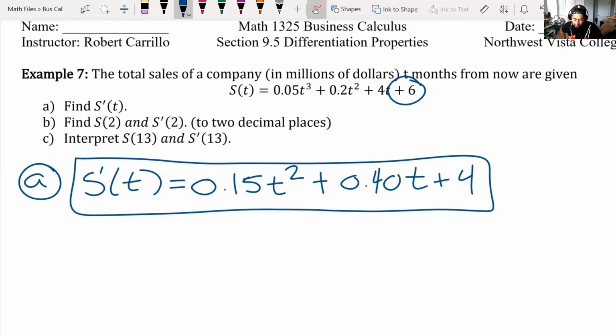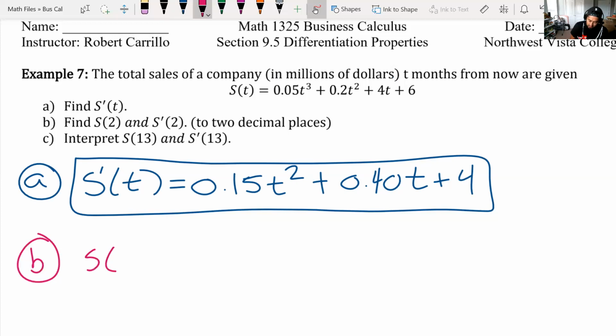0.015 t squared, 0.040 t plus 4. Okay, excellent. So B says find s of 2 and s prime of 2. Okay, so calculator time.